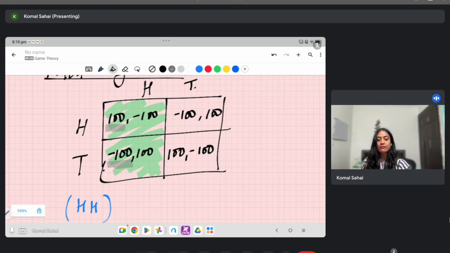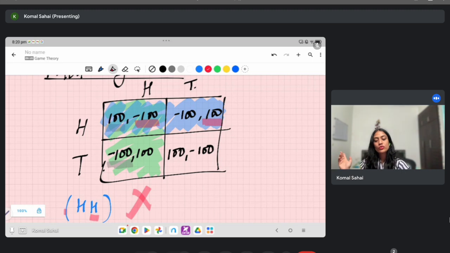So for Anjali, we will see that if Rahul is going to go for heads, right, then we know that for Anjali, sticking with the strategy specified by this action profile, which is H, gives her a -100, whereas choosing T gives her 100. Okay? So for Anjali, this is not stable, right?